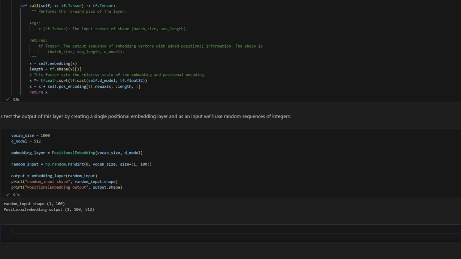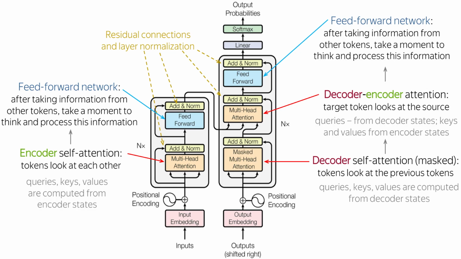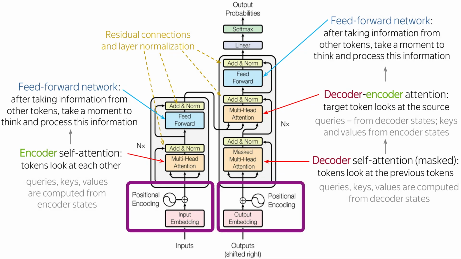That's kind of it. If we look back to our transformer architecture, we simply implemented all this input stuff for the encoder and decoder, and later we will be reusing this layer for our transformer architecture implementation to construct the whole model.